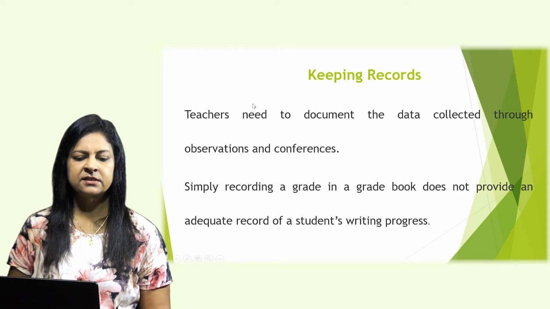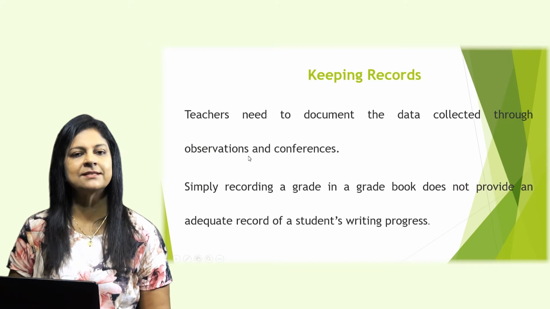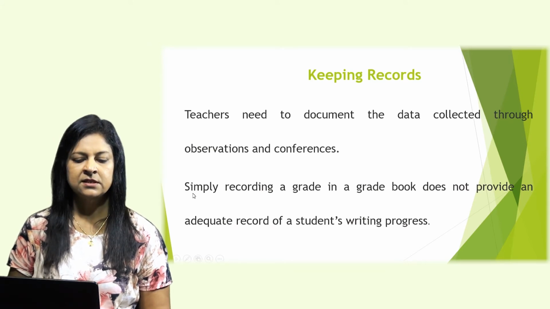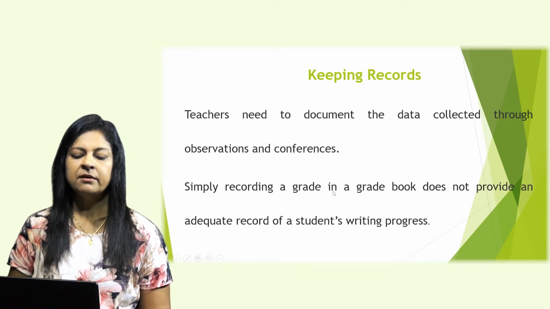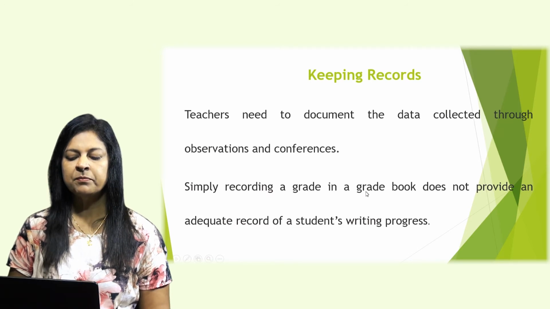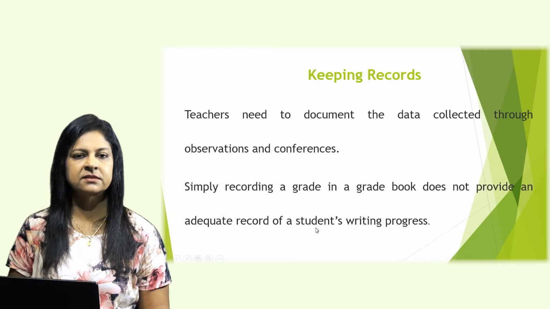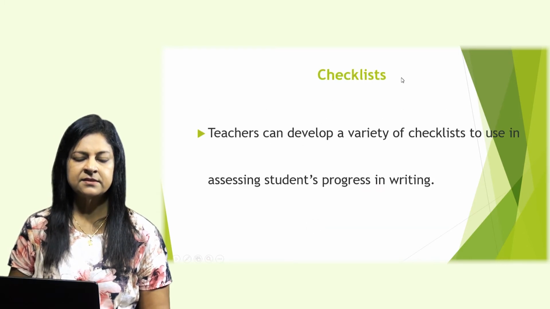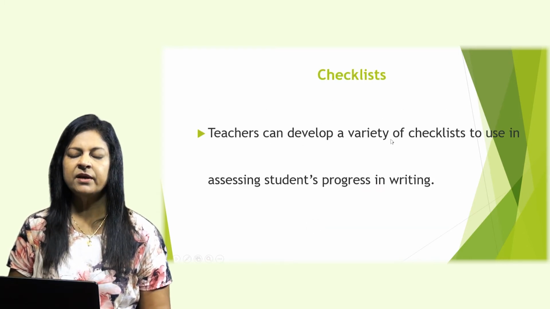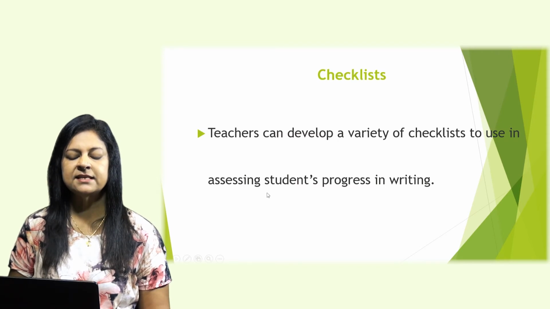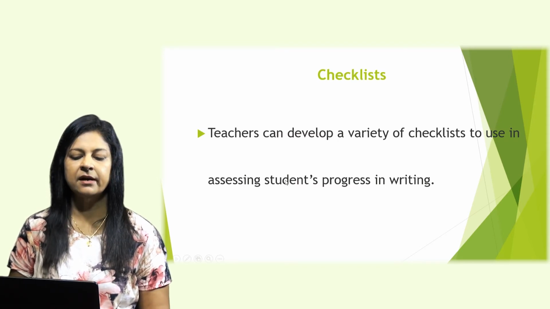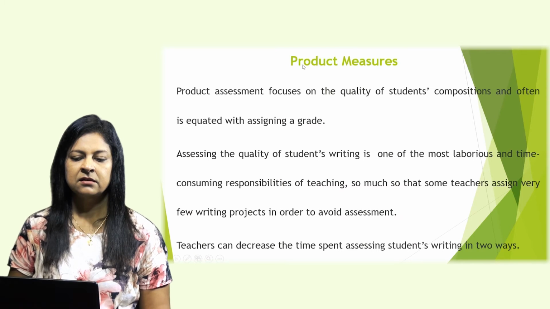Keeping records. Teachers need to document the data collected through observations and conferences. Simply recording a grade in a grade book does not provide an adequate record of students' writing progress. Checklists. Teachers can develop a variety of checklists to use in assessing the students' progress in writing. Product measures.